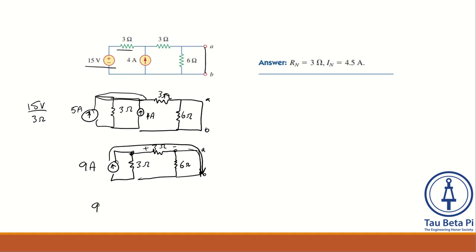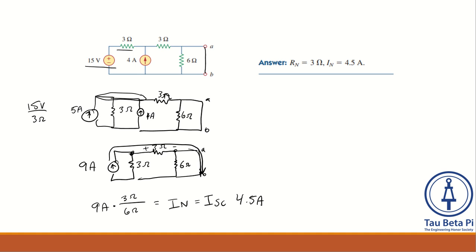So we end up with a current divider. We can take our source current, multiply it by our resistance over the sum of the resistances. And so we know that our Norton current, or the current going through our short circuit, is 4.5 amps.